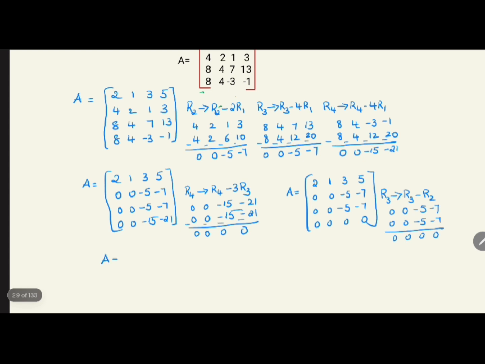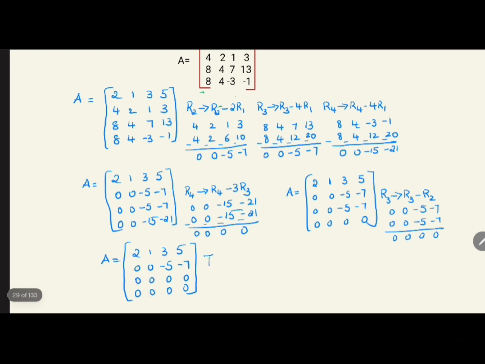So, what is the matrix now? A is equal to 2, 1, 3, 5, 0, 0, minus 5, minus 7. Now, the third row elements are made 0. Fourth row elements are already 0. Now, check the principal diagonal. See, this is the principal diagonal, and all the elements below the principal diagonal are made 0.